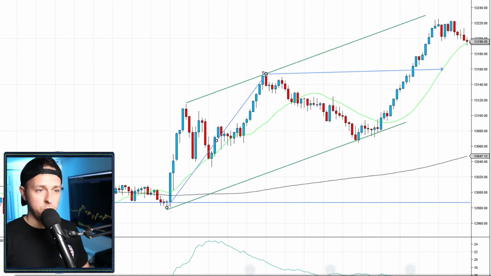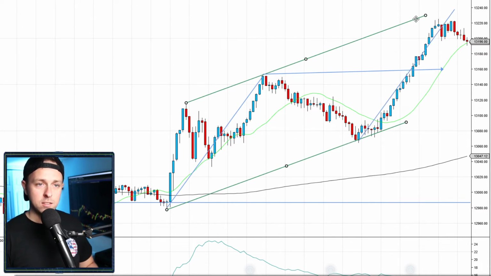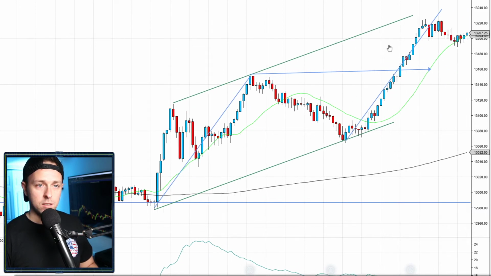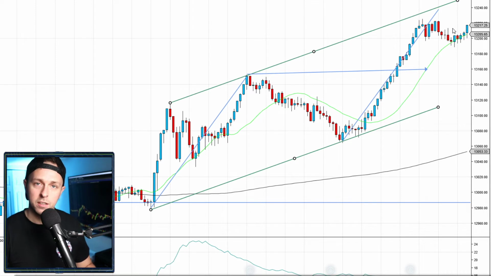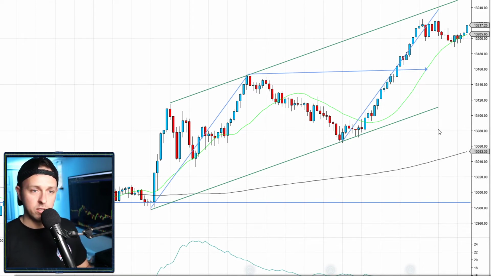Let's draw that measured move here. So we just move it over basically. And that will give us an indication also on how high we should be looking for. And as you can see, if we draw that trend line, it's almost perfect, right? It's almost perfect together. And that just gives you an idea where the market might want to go.